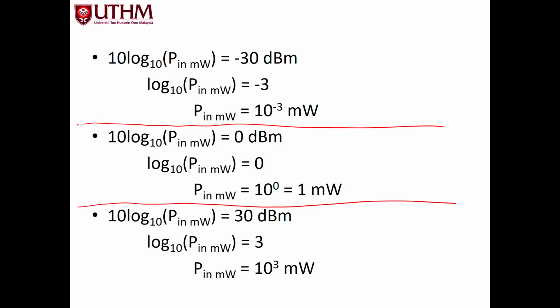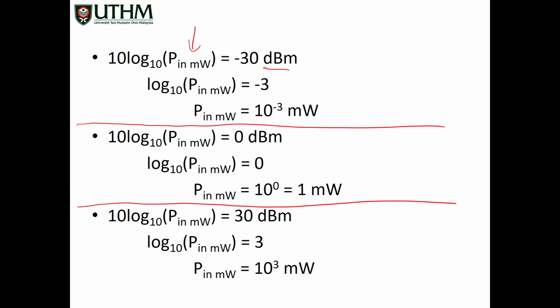You see that from here, 10 log of power, so the power in term of milliwatt, equal to minus 30 dBm. Okay, so everything inside the bracket is considered as in term of milli, because here we get dBm. Semua dalam bracket ini dalam milli, kerana dia adalah dalam sebutan dBm.